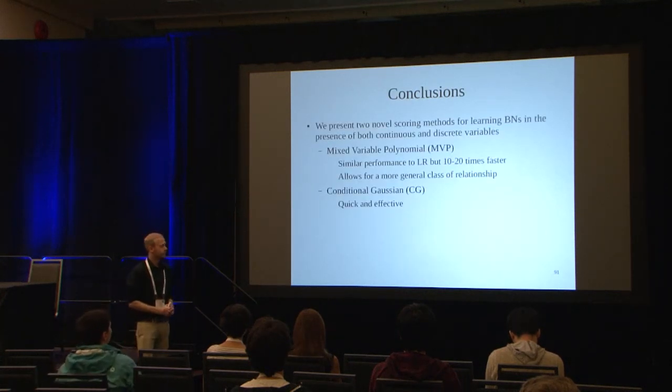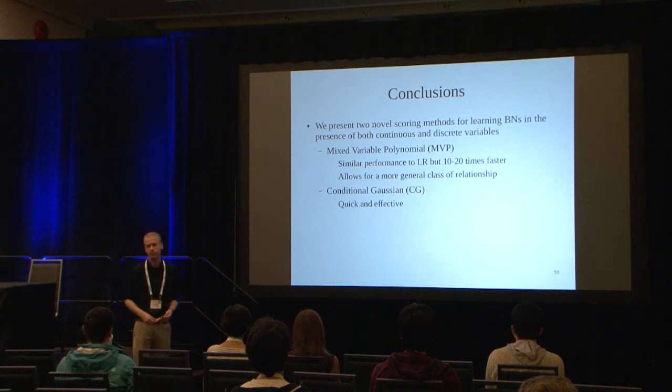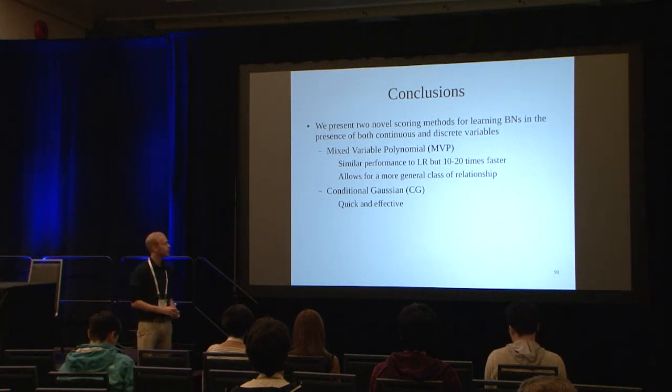So in conclusion, we've presented 2 novel scores for learning Bayesian networks in the presence of both continuous and discrete data. The first of which is the mixed variable polynomial score. It scores pretty much the same as using logistic regression would, but it's 10 to 20 times faster.